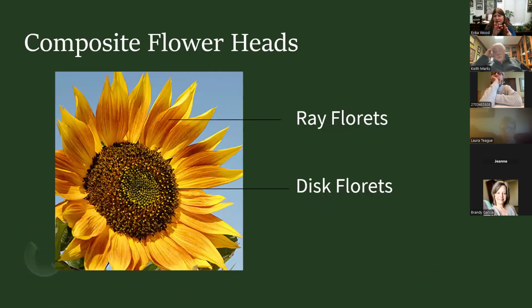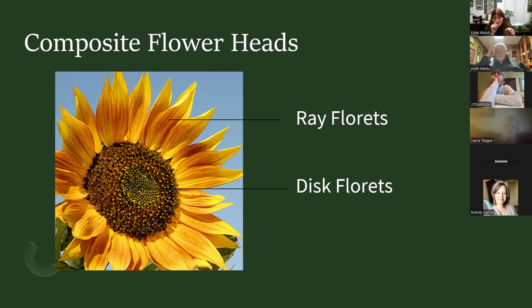So let me get back to the flowering structure. With members of this family, most of them have what's called a composite flowering head. And what that means is typically it's broken up into two different flowers, or we call them florets, where we have the ray florets, which in our eyes almost look like the petals of a flower, right?